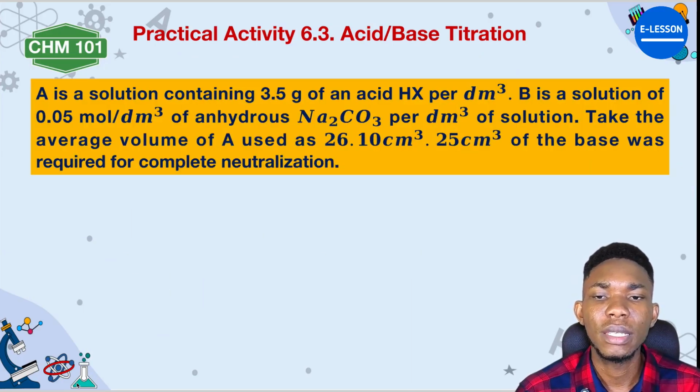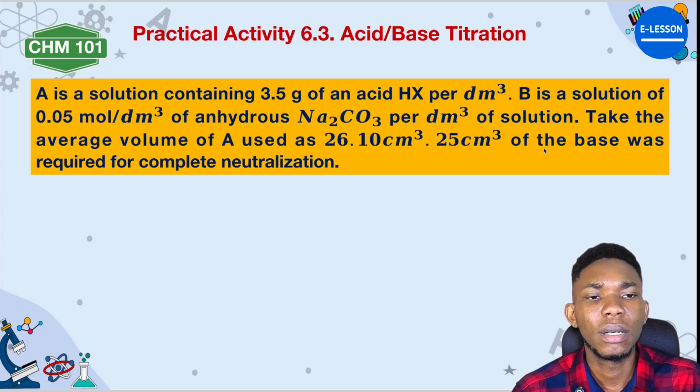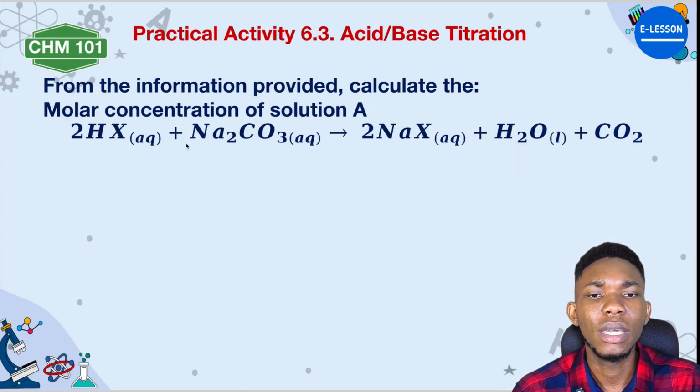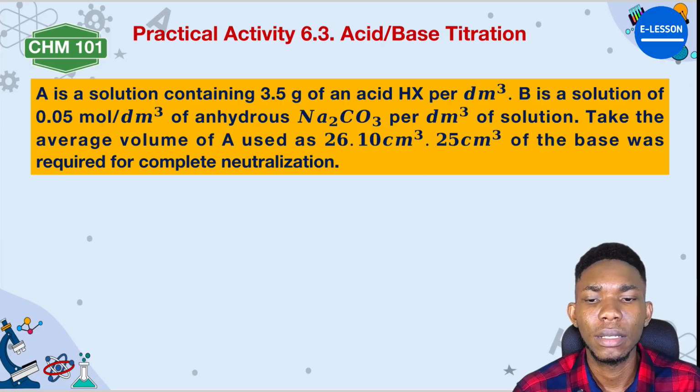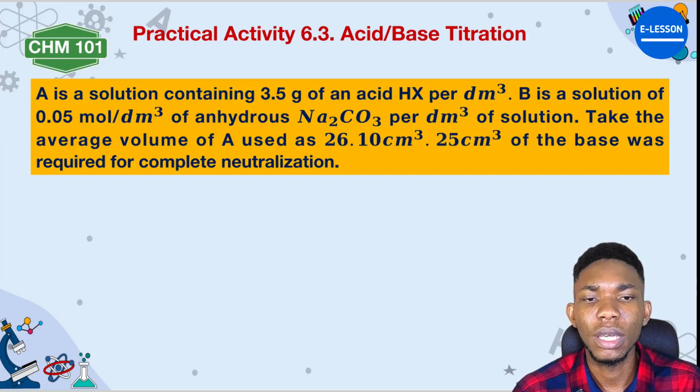The next question says, A is a solution containing 3.5 grams of an acid per dm cube. B is a solution of 0.05 mole per dm cube. Take the average volume of A used and that of the base for complete neutralization. Now, this is the equation of reaction. Using this information, what is the molar concentration of solution A?